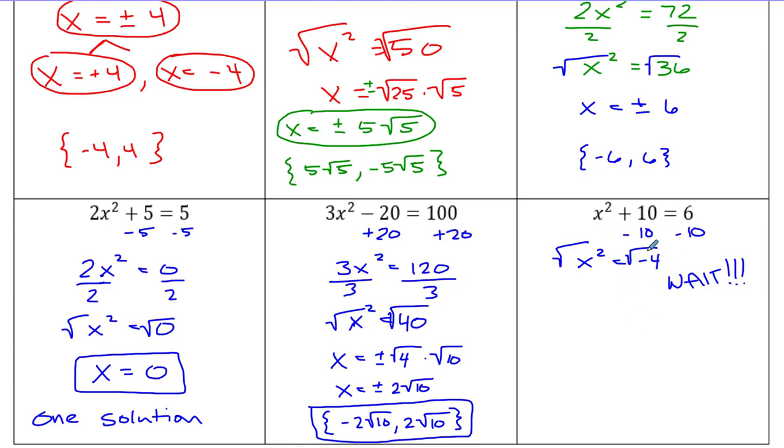If you look right here, we subtracted the 10 from both sides. That actually gave us a negative 4, and I tried to go ahead and square root it, but then wait, hold the phone. Can we do that? No. Well, you can, but not so much really for what we're learning right now.